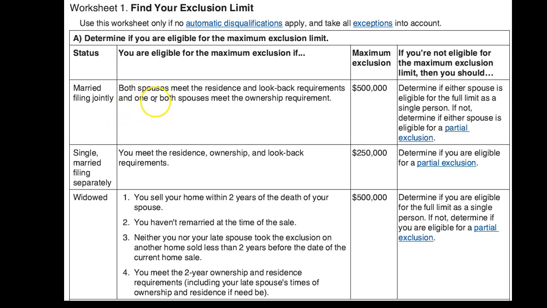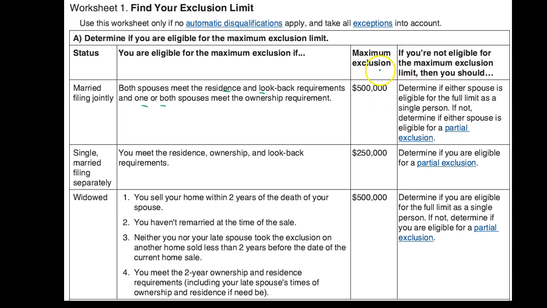So married filing joint: both spouses meet the residence and look-back test, and one or both spouses meet the ownership requirement. And then the maximum exclusion will be the $500,000 because we're talking about married filing joint, so it's going to be twice what we would think of as the single.